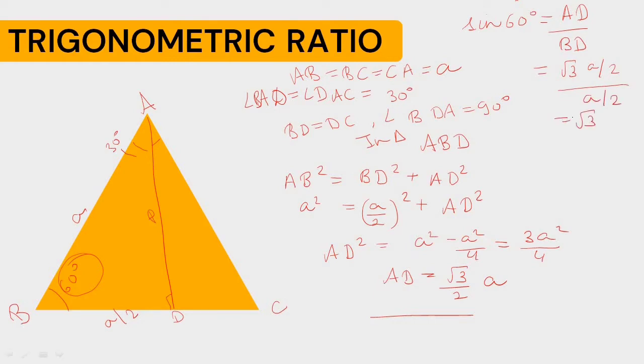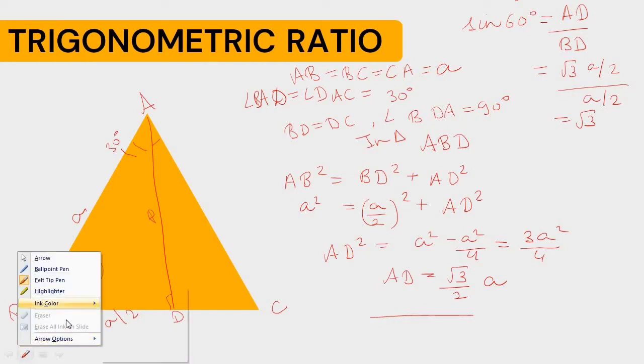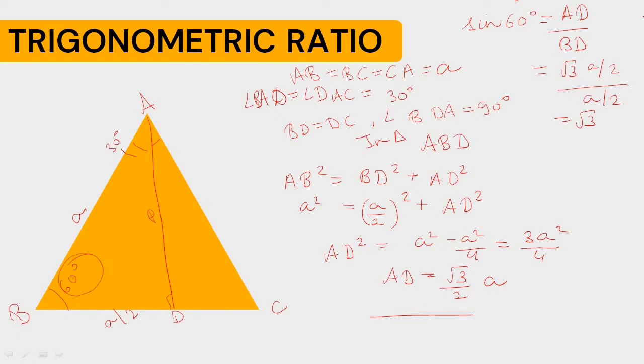Okay, here was a little bit of a mistake. It is AD by AB, because it is perpendicular upon hypotenuse.